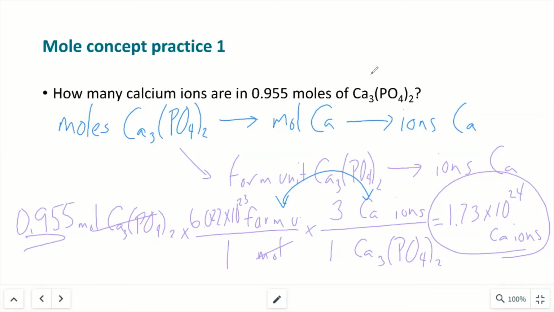And then every mole of calcium has Avogadro's number of ions in it. The math would have been exactly the same. We would just have rearranged our order. Any questions about this particular example? Right then, let's move on.